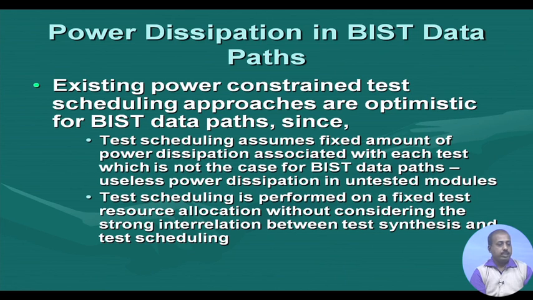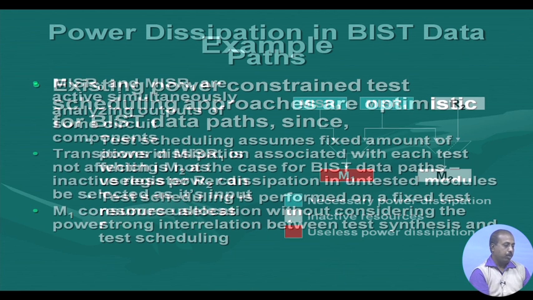Existing power constrained test scheduling approaches are optimistic for BIST data paths, because test scheduling assumes a fixed amount of power dissipation associated with each test, which is not the case for BIST data paths, because useless power is dissipated in the untested modules, as all the parts are under the BIST session. So, I may not be testing a particular module at present, but it is also getting power. So, there is useless power dissipation, and we have to do something so that this useless power is reduced.